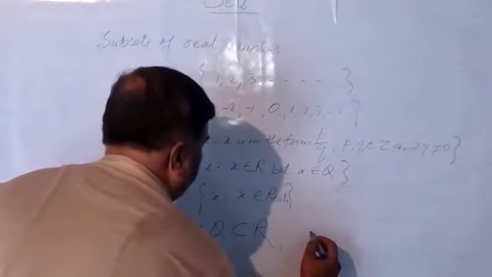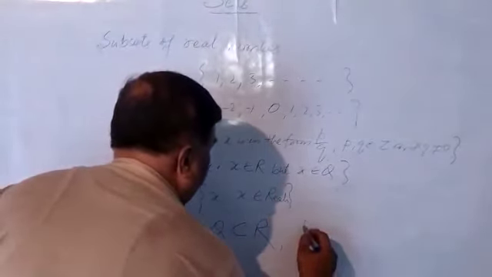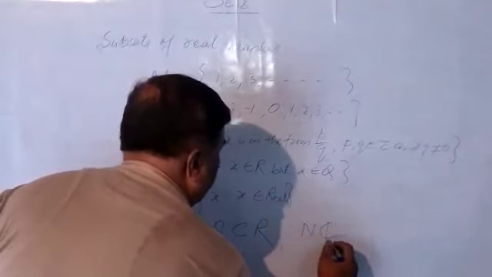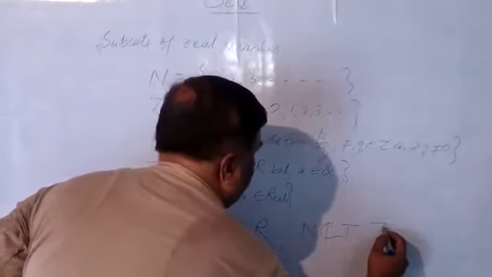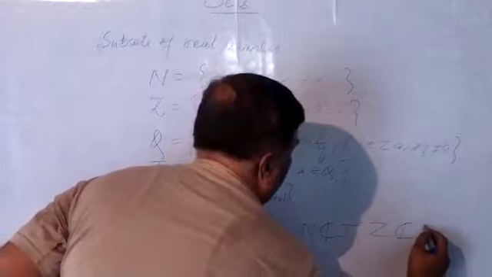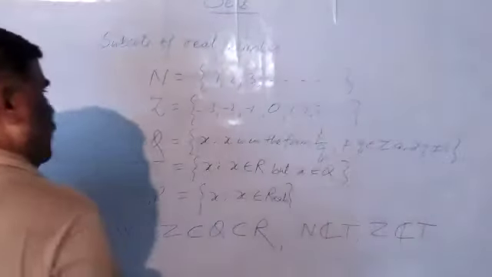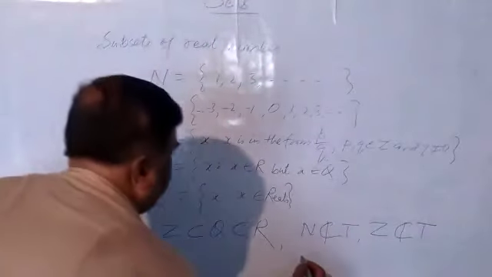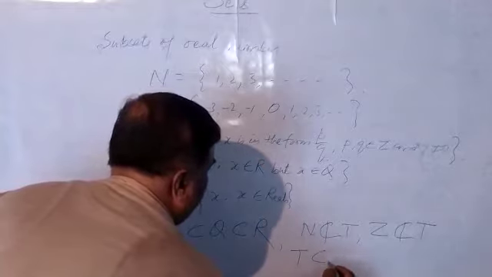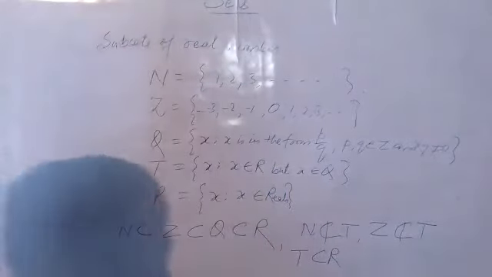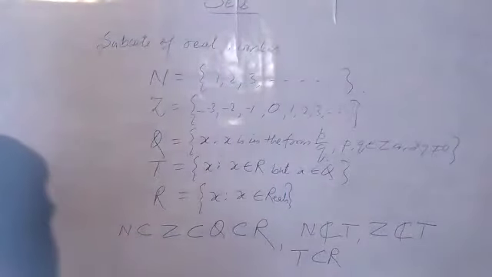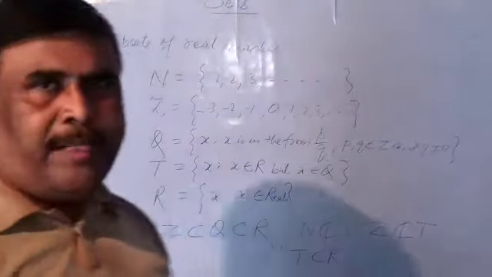But N is not a subset of T, Z is not a subset of T, okay, but T is a subset of R. This is the concept of subsets with respect to real numbers.